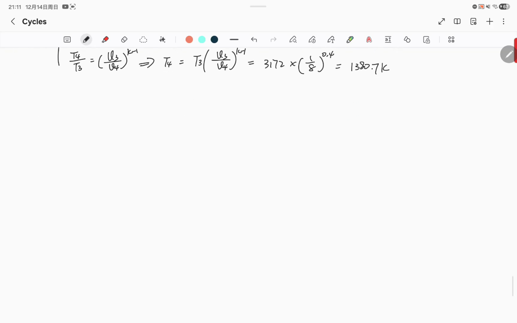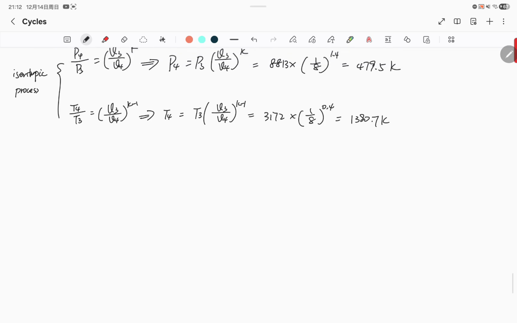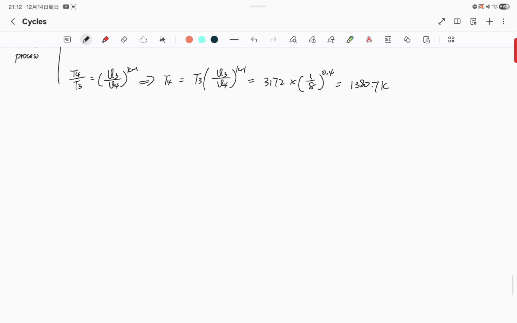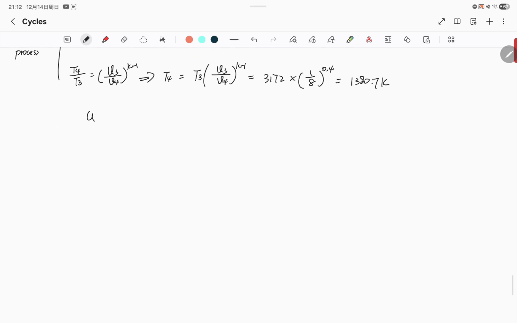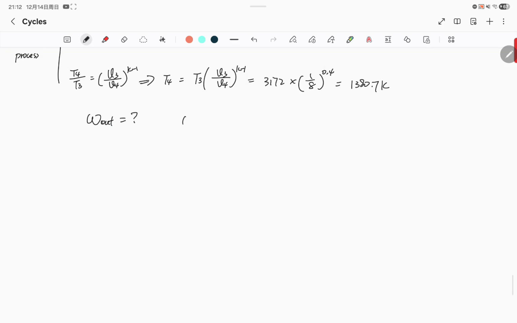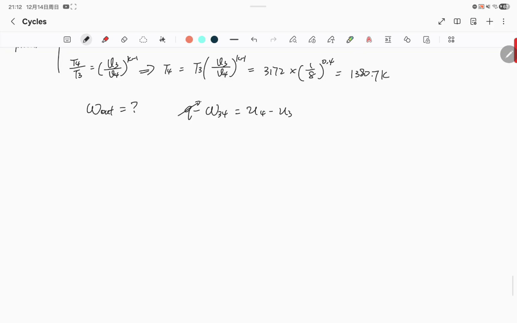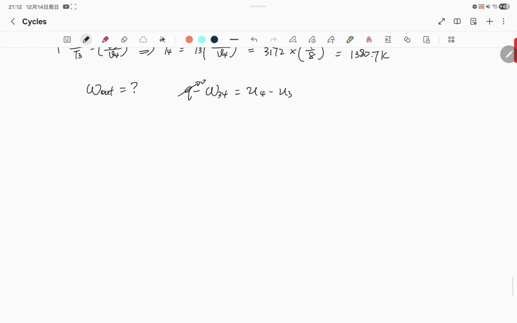How about work out? Since we got temperature and pressure, we got everything for state 4, we can calculate work out. This is U, not H, because we're dealing with a closed system. No heat, because it is adiabatic, it only does work.